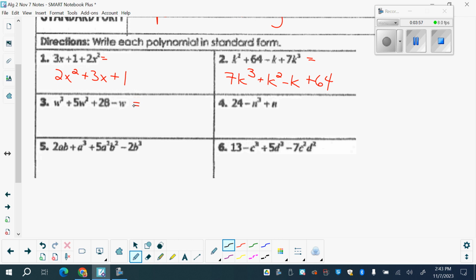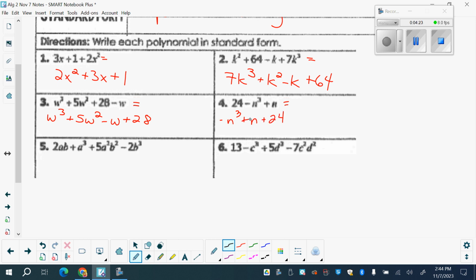It's a 3, right? So w to the third, and what comes next? 5w squared. And then what next? Minus w plus 28. Highest exponent here would be n to the third. So what comes next? N, and then plus 24.